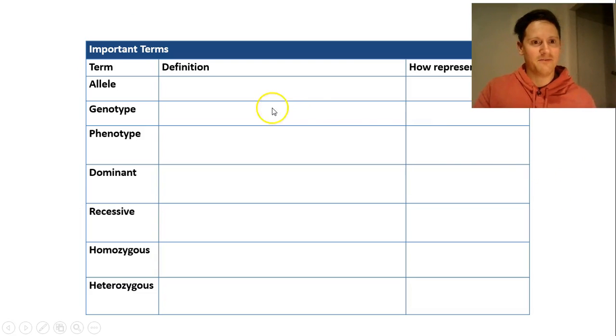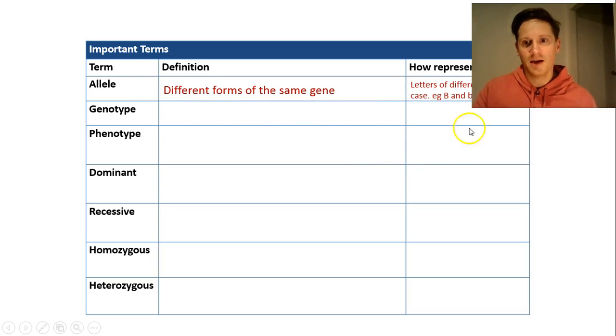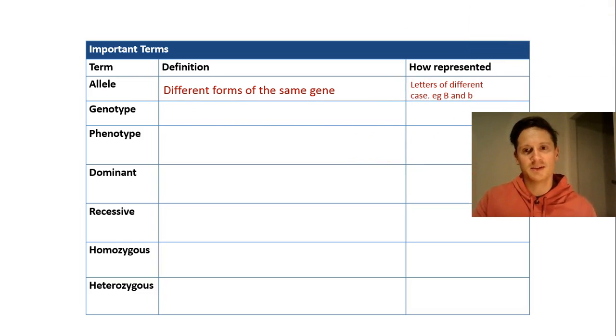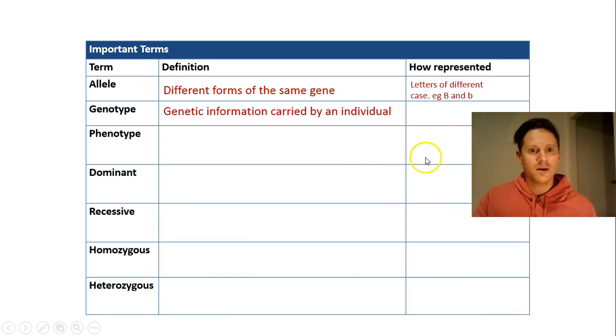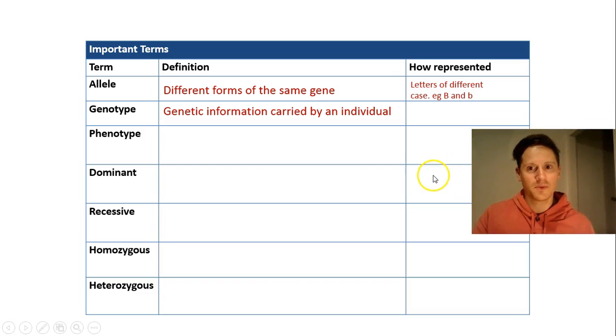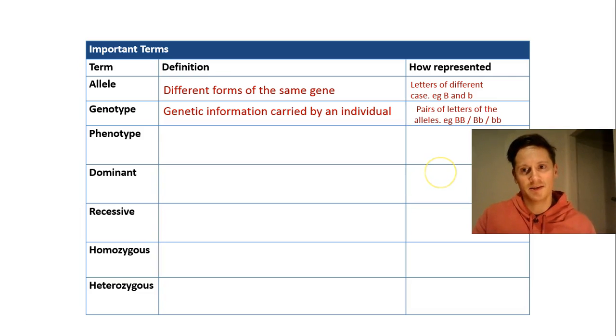So here we have some terms that I would like you to please get down in your definitions document. Allele is a different form of the same gene, and it's represented by letters of a different case, so big B, little b. The genotype is the genetic information carried by the individual, and that is represented by pairs of letters of alleles.